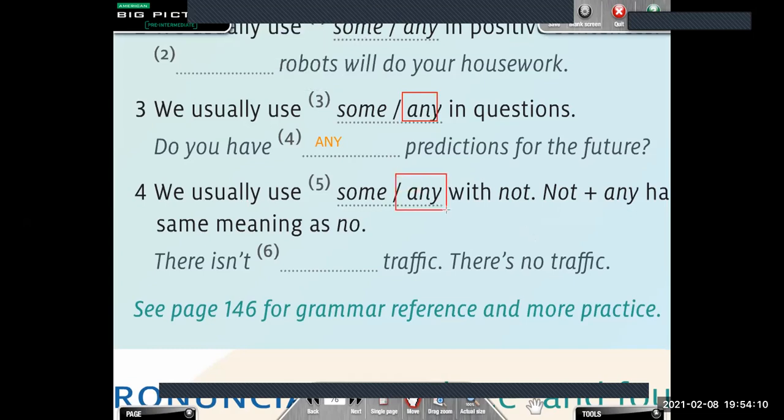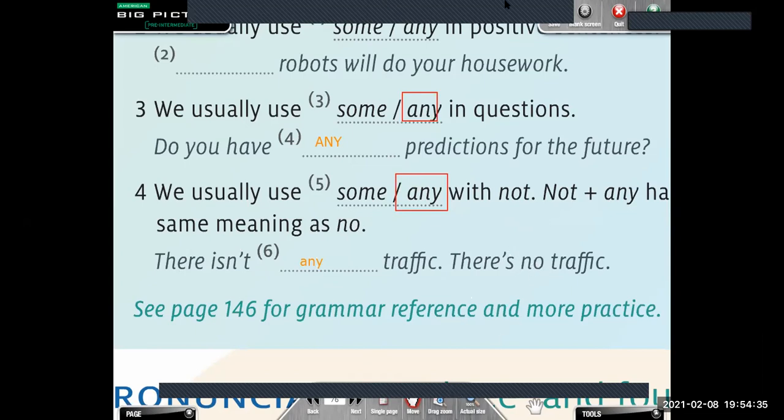Not any. Okay, not any has the same meaning as no. For example, there isn't any traffic. Yes, very good. Any traffic. There is no traffic. También podemos hacerlo de esta forma. There isn't any or there's no.